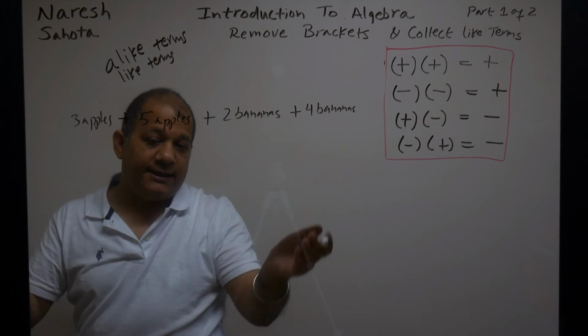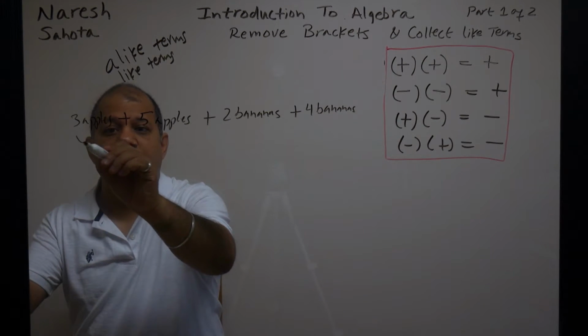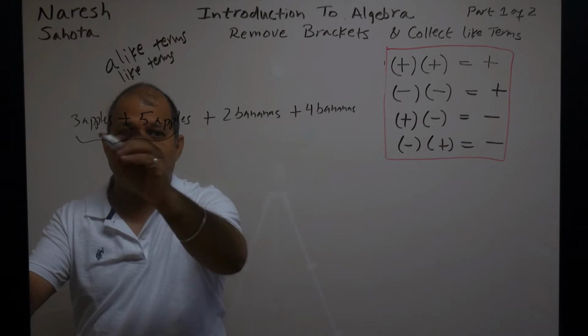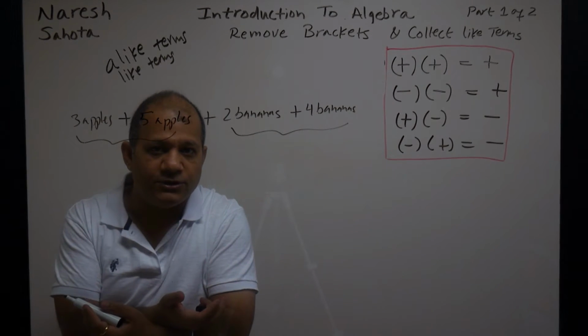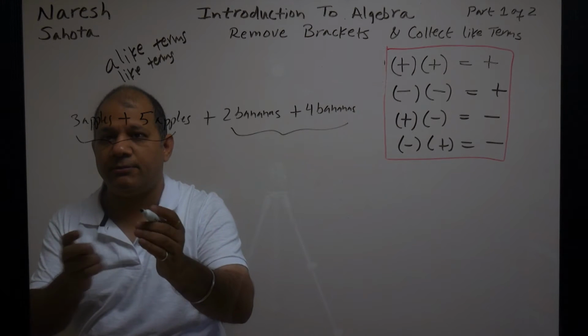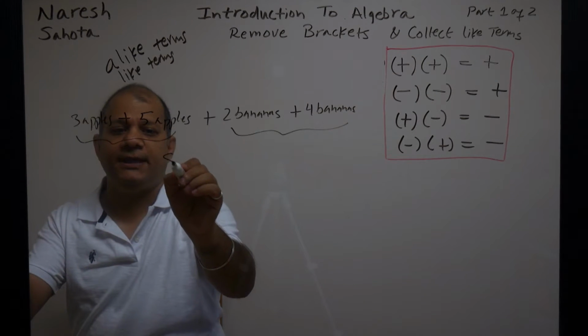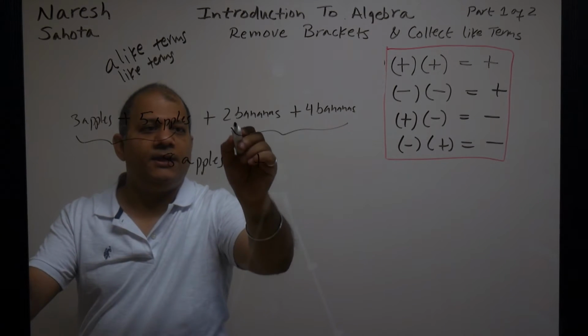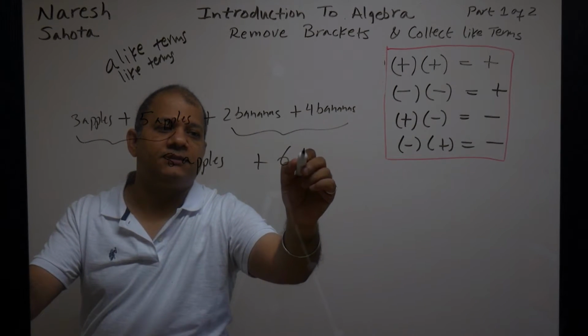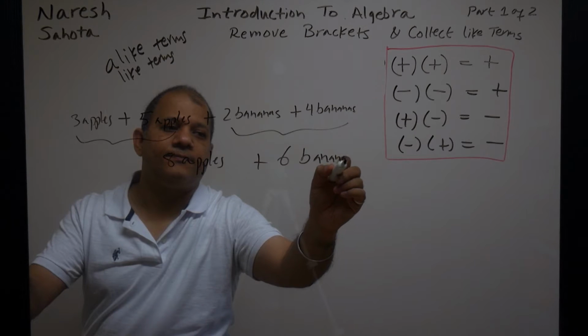So now again, collect like terms. We can collect these apples together, we can collect bananas together, but we can't combine apples and oranges, so we have to keep them separate. So 3 plus 5, that's 8 apples. And then bananas, 2 plus 4, 6 bananas.